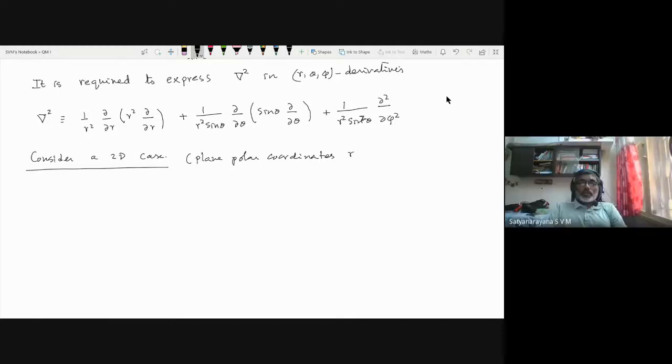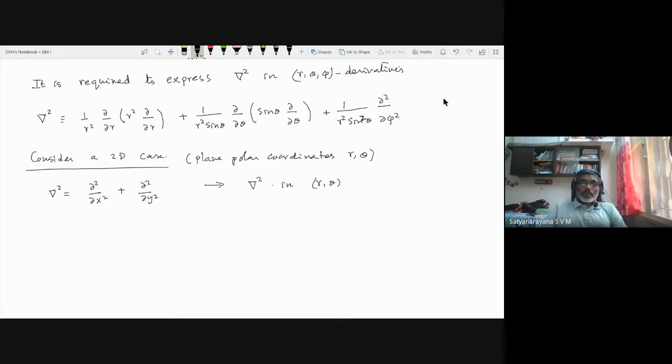Plane polar coordinates r, and we'll call it theta. So this del square, which is written as del square by del x square plus del square by del y square in 2D, now has to be written in terms of r and theta.